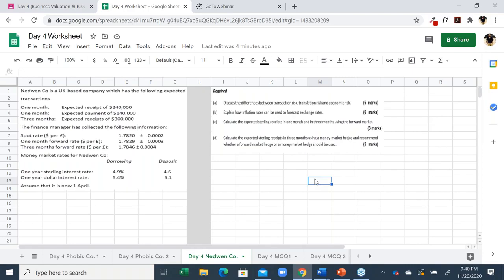Now, if after translating the foreign subsidiary assets into the local currency of the parent company, it results in a loss in the value of the asset, that is, the value goes down of any asset because of the translation, that is called translation risk. And what is economic risk?